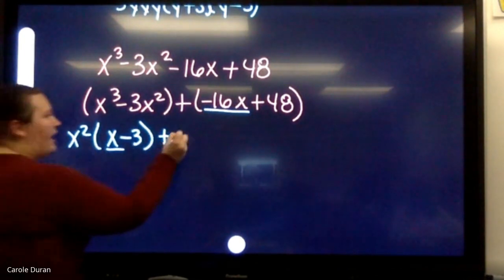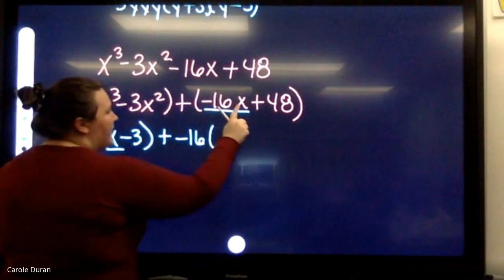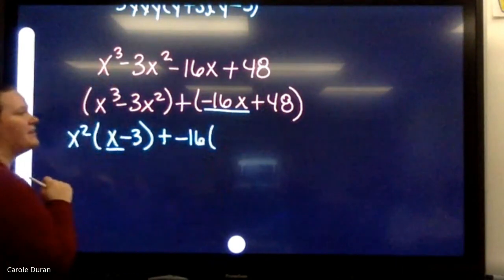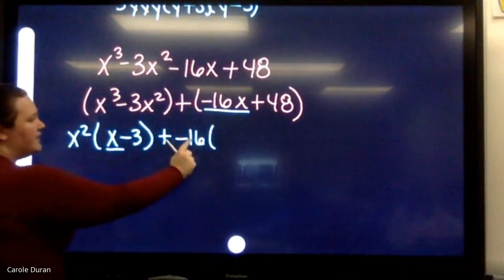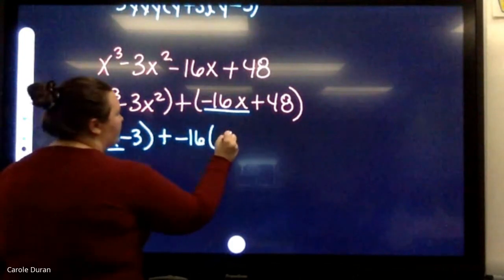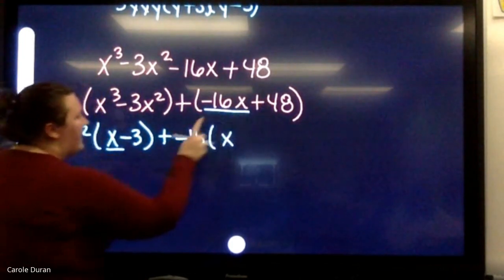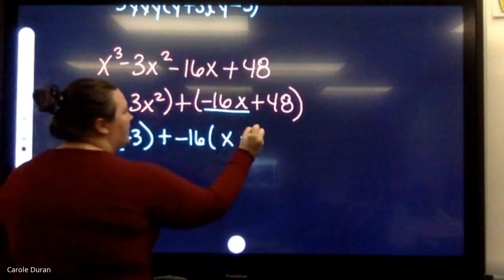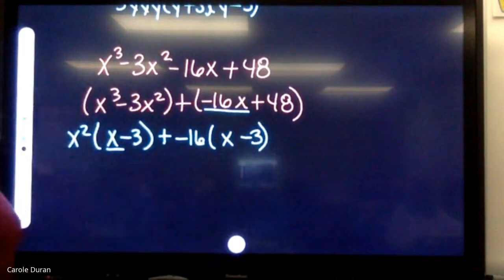So I'm going to take out a negative 16. When I take it out of this, it also comes out of that. Negative 16x divided by negative 16 is just 1x. 48 divided by negative 16 is negative 3. By chance, it worked out. I got an x minus 3 in that second parentheses, which is what I wanted to happen.